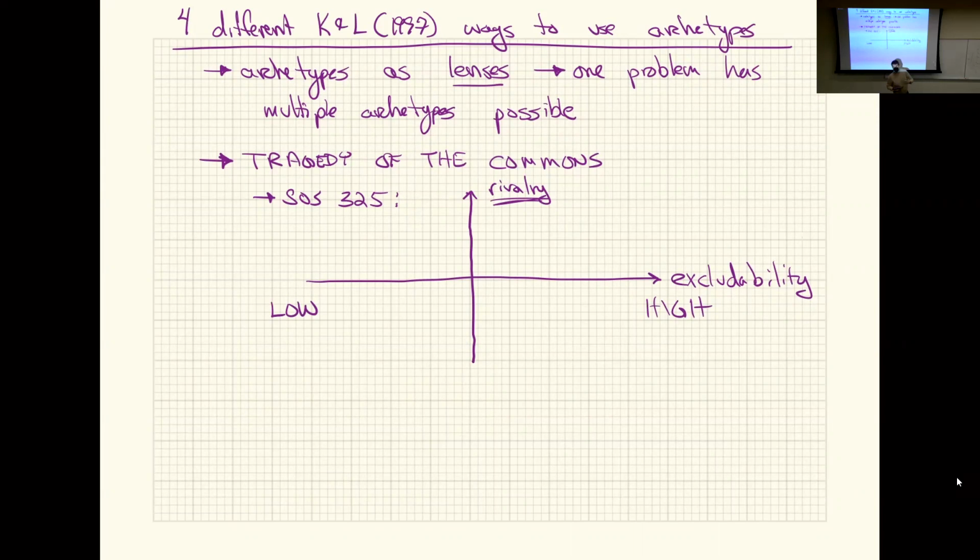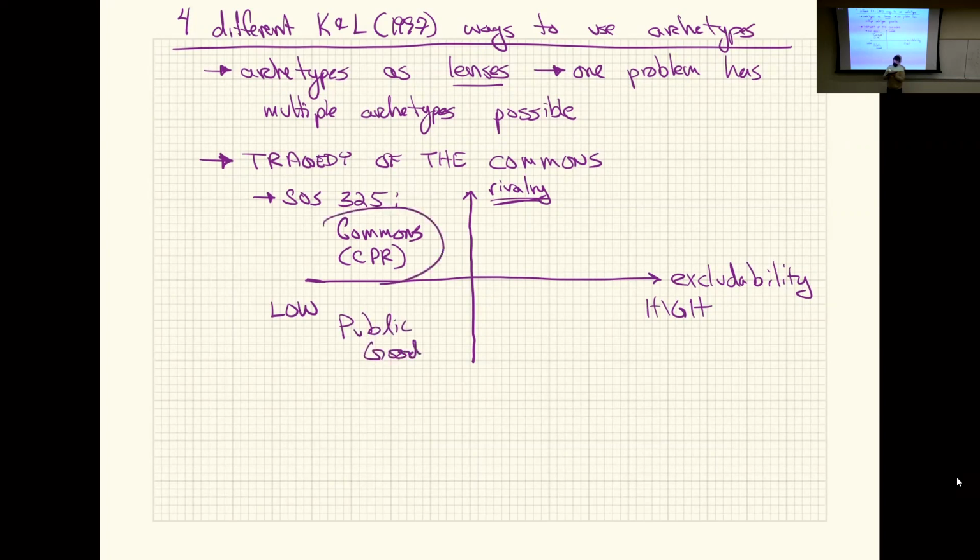If I get on the highway, I increase the congestion and reduce the benefit of the highway to you. So a common pool resource is non-excludable, but rivalrous. This is a commons, or common pool resources. Whereas if it had no excludability, but was not rivalrous, it'd be a public good.